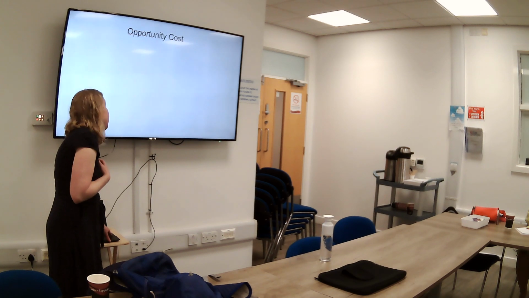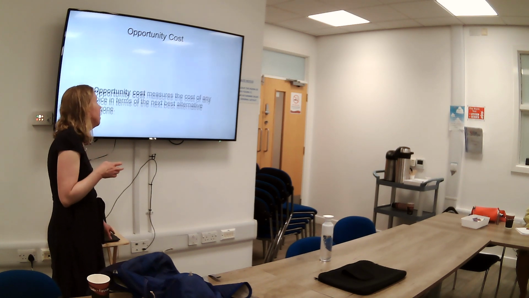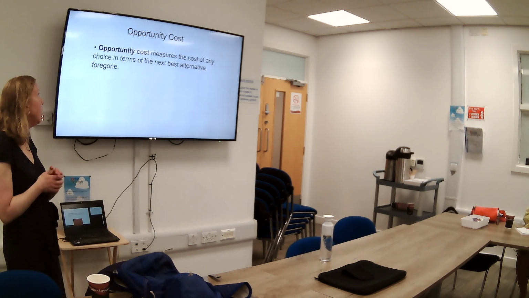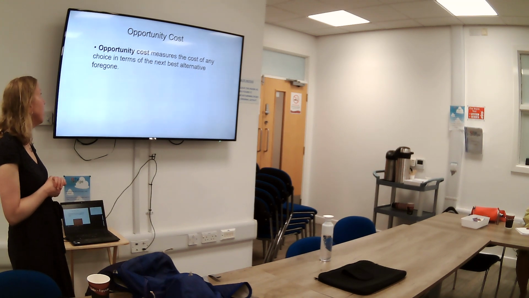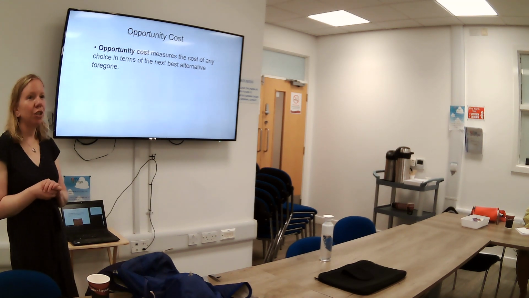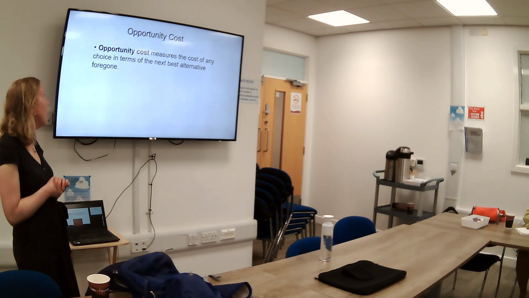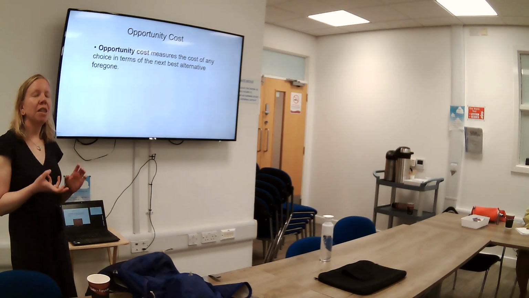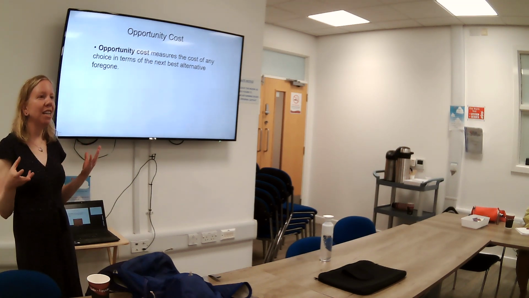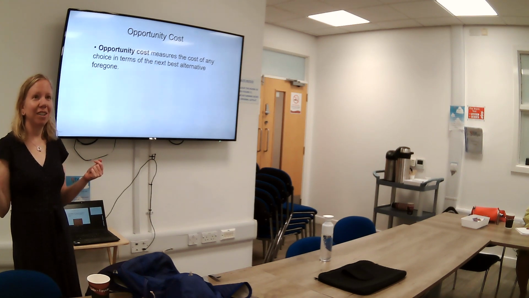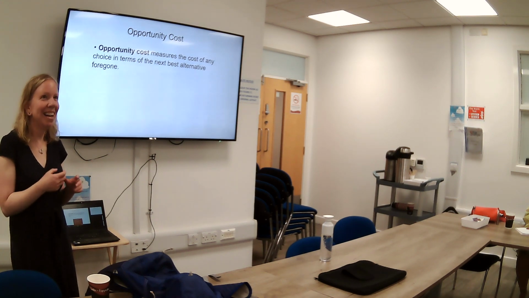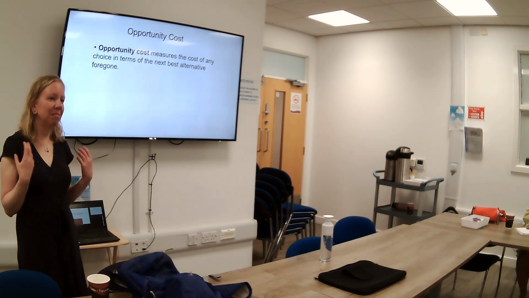So that then brings us to how that is framed. It's an idea called opportunity costs. So it basically measures the cost of any choice. What that means is, say, because I'm standing here now, I'm not doing something else. I could be sitting at home.